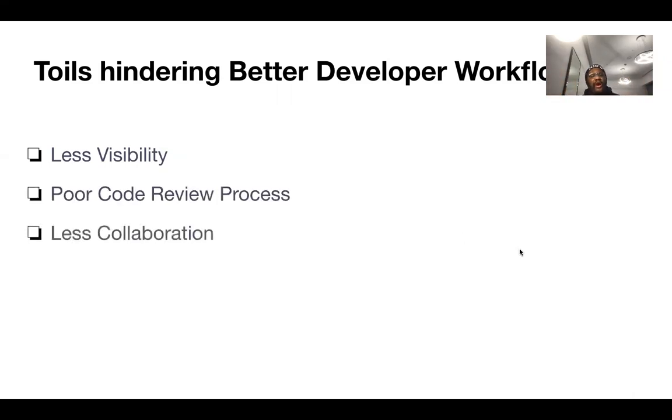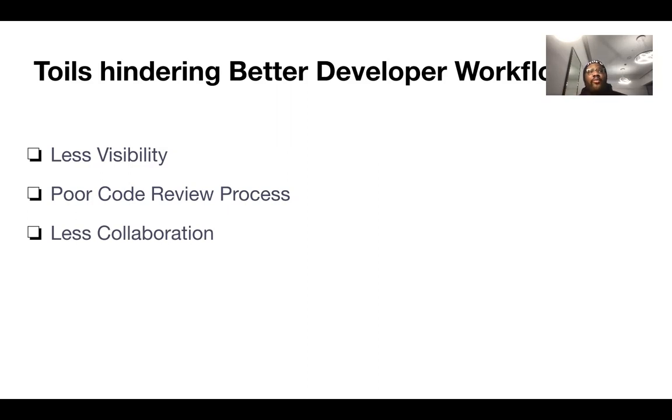And also you have a poor review process and then less collaboration. The poor review process comes from barely knowing what is going to be deployed. You have to go check out the PR, look at it, try to run it, and then you might have to share secrets. It gets really, really crazy from there.